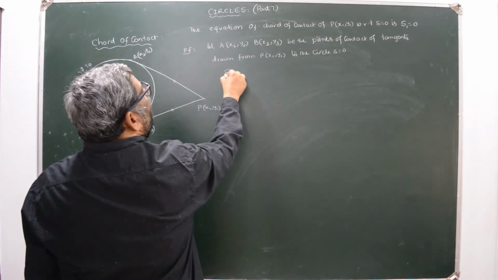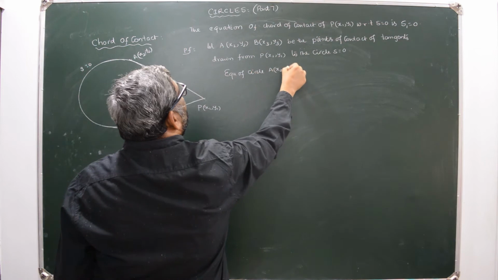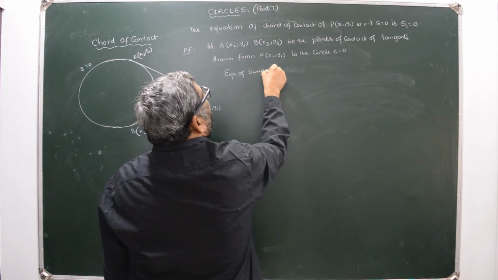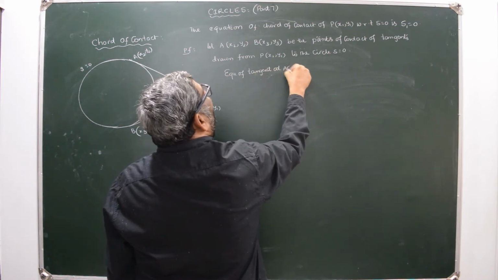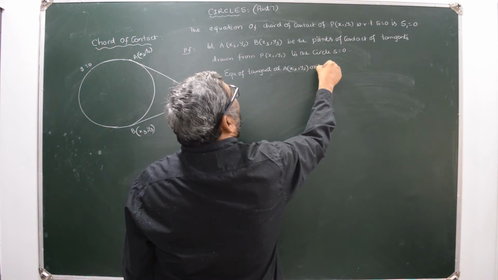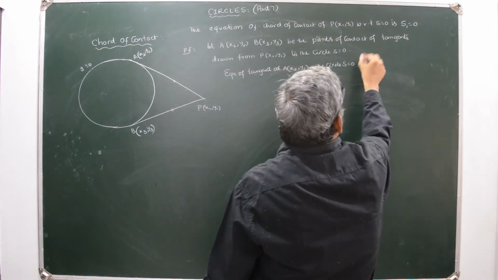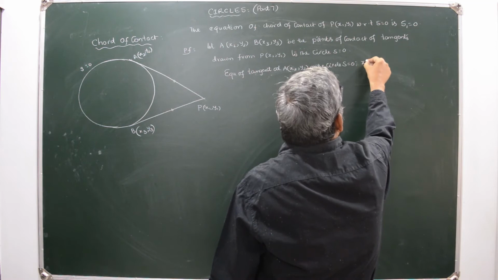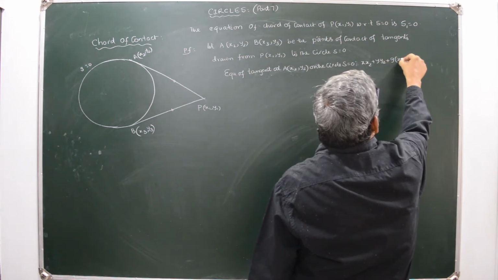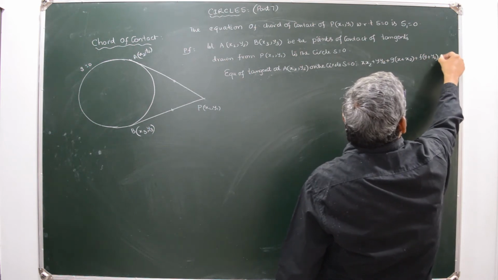The equation of the tangent at A(x2, y2) on the circle S = 0 is x x2 + y y2 + g(x + x2) + f(y + y2) + c = 0.